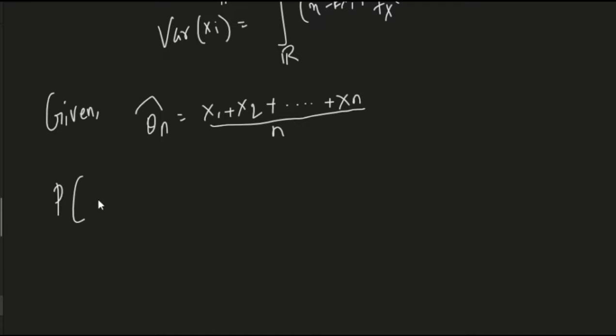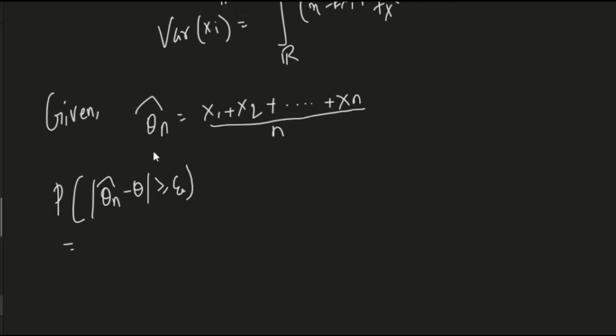So then the probability that the absolute value of theta n cap minus theta is greater than or equal to epsilon is equal to, so what we do see here is that they have a common PDF and they can be treated as equals, right?